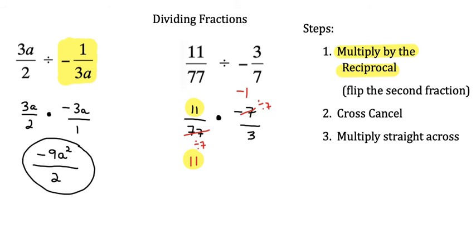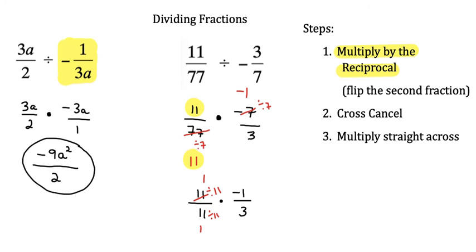It might take you a second to rewrite it, so let's rewrite this one real quick so we can see it a little bit easier. We have 11 in the numerator, 11 in the denominator, and I'm multiplying that by negative 1 over 3. So you might notice that you can simplify again, because 11 I can divide by 11 to give me 1, and this 11 I can also divide by 11 to give me 1.